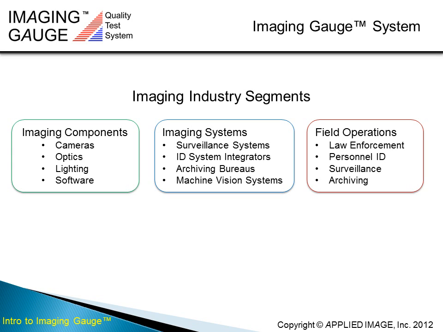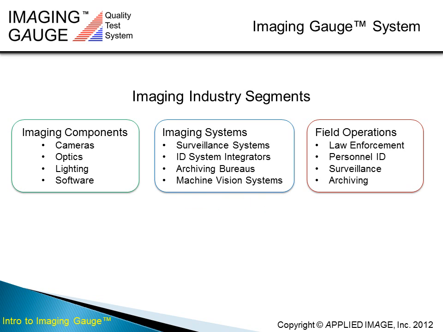We see three main segments of the imaging industry. The first is imaging components, where cameras, optics, lighting, software, products are being developed and produced.